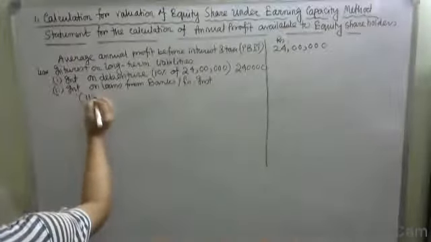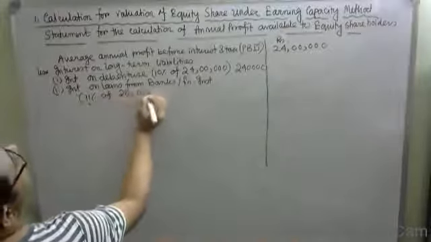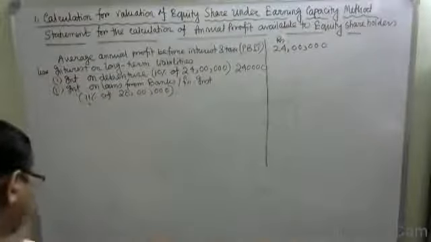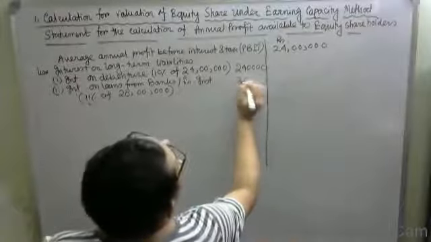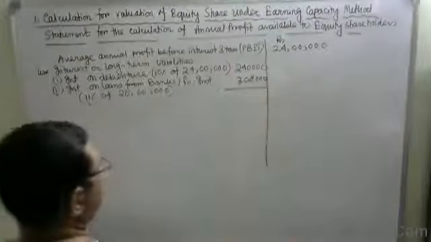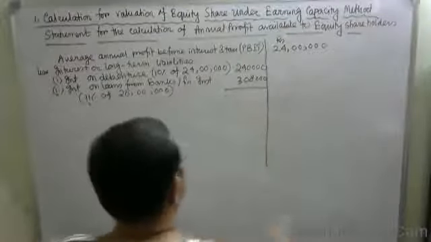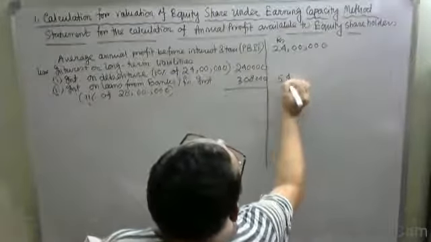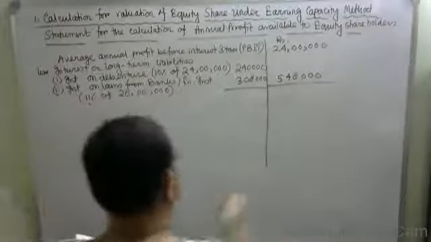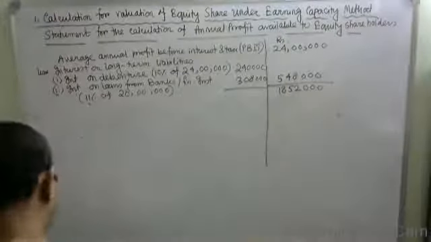It is 11% of 28 lakh, is 3 lakh 8,000. Total is 5 lakh 48,000. Our remaining 18 lakh 52,000 is the earning before tax.